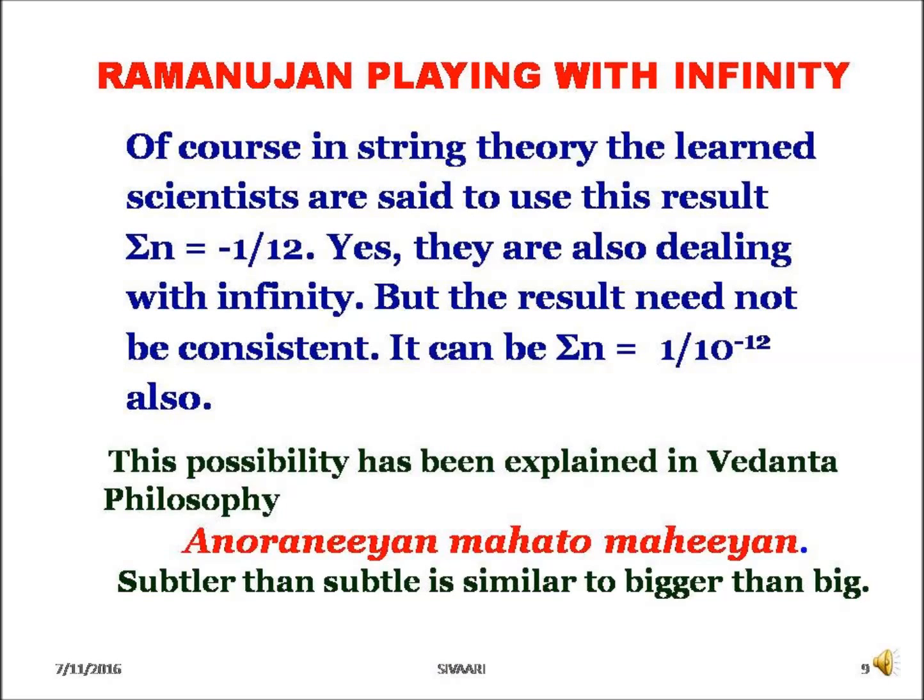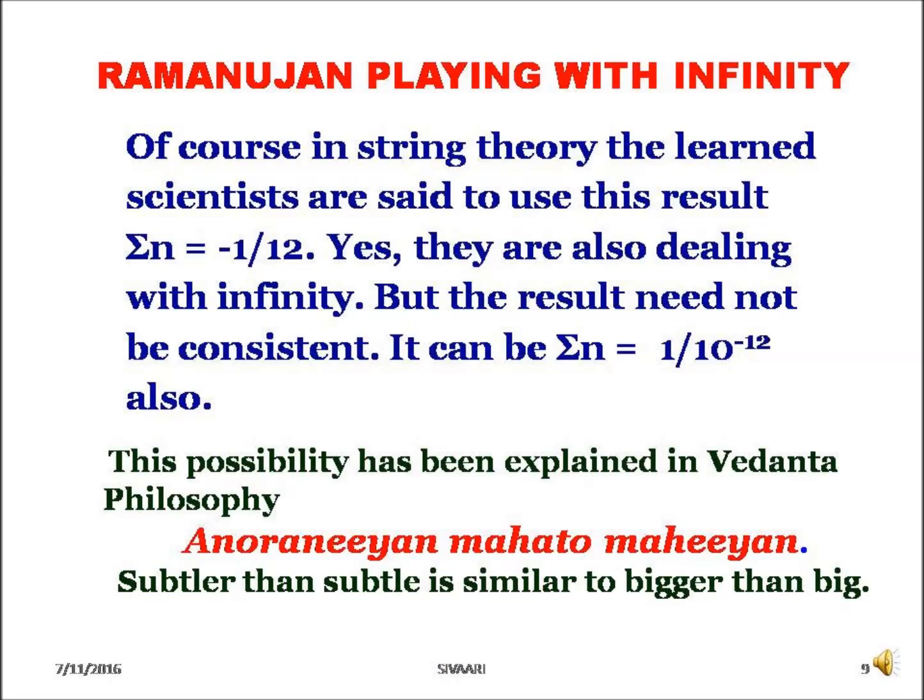Of course, in string theory, the learned scientists are said to use this result, sigma n is equal to minus 1 by 12. Yes, they are also dealing with infinity, but the result need not be consistent. It can be sigma n is equal to 1 by 10 raised to minus 12 also.